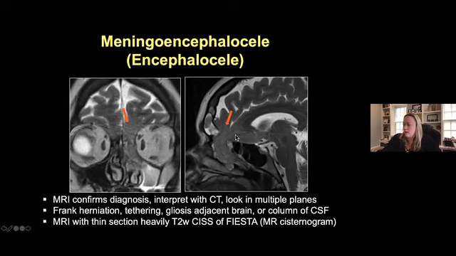Sometimes it's a little T2 hyperintense because it's gliotic. Look for tethering of the adjacent brain parenchyma, gliosis, or a column of CSF in the setting of a meningocele alone. These can sometimes be really difficult, and you want to make sure you're doing really thin imaging to look for these meningoceles.